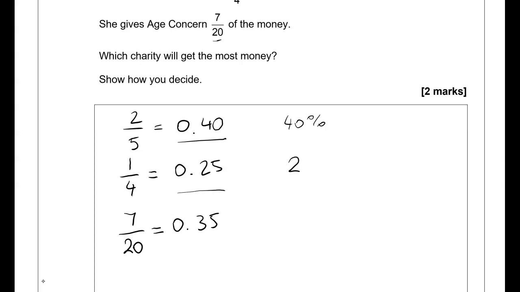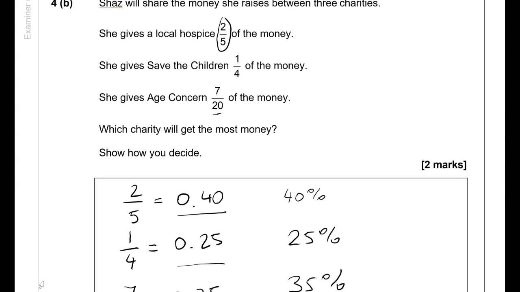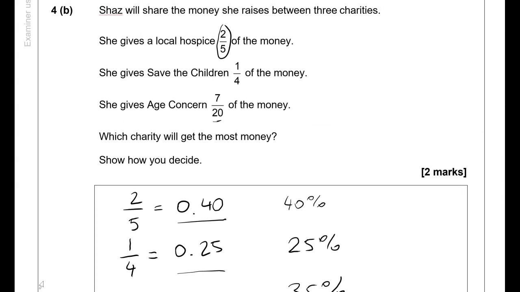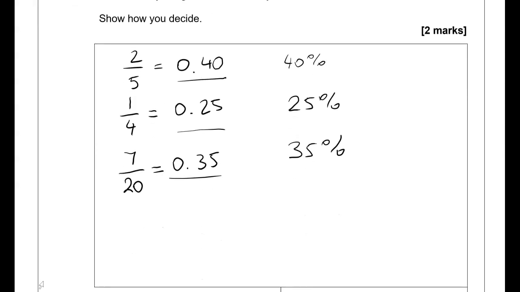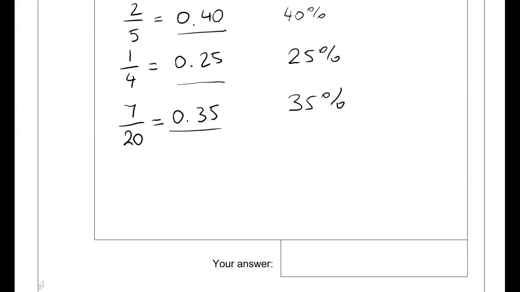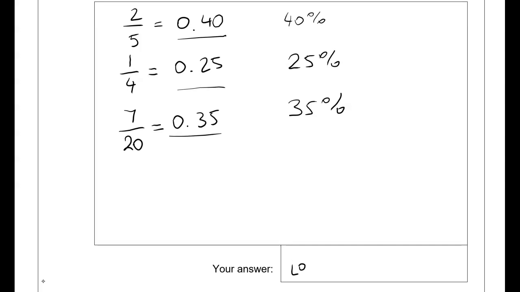This is 25%, and this is 35%. Which one is higher? Is the top one. So the local hospice will get more money. That is 2/5.